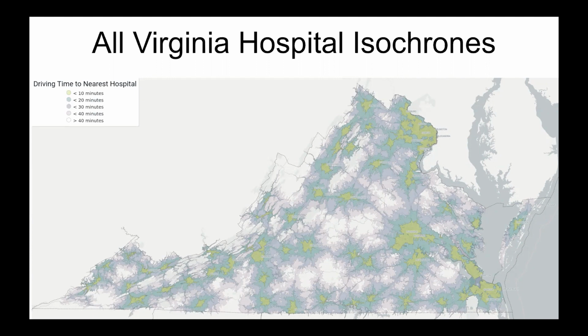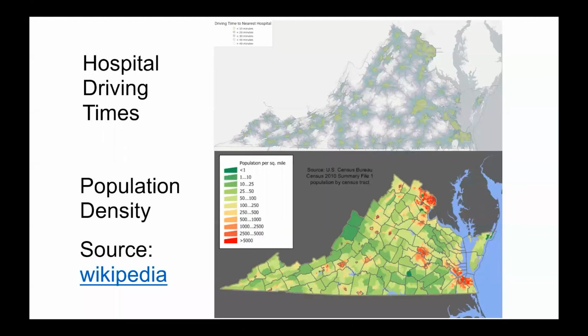One thing to notice here is that the areas in green are mostly around cities, and the areas in white are rural, less populated areas. And if we compare this to a population density map of Virginia, we can confirm that. So there's kind of a running joke. A lot of maps just look like population density maps, and I think this might be one of them.